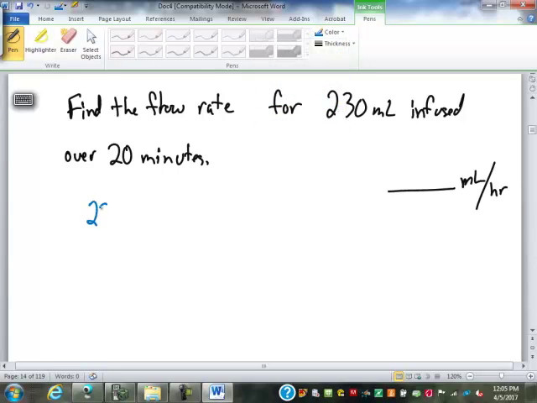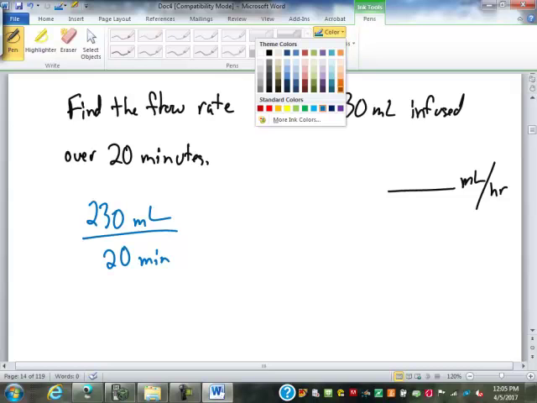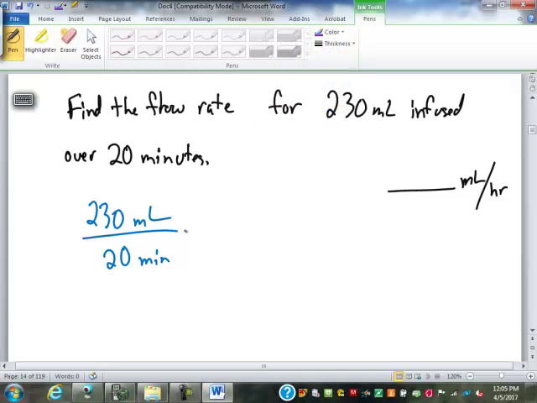So right now we have 230 milliliters over 20 minutes. We have to convert minutes to hours. So we'll put minutes on top, so they'll cancel out. Going to hours, 1 hour is 60 minutes. So those cancel. Now I'm going to cross cancel here just to make this easier on myself. 20 and 60 both divide by 20. 20 divided by 20 is 1. 60 divided by 20 is 3.